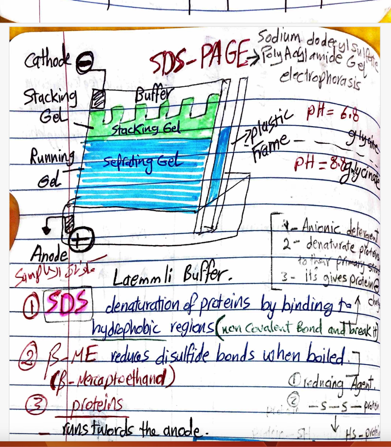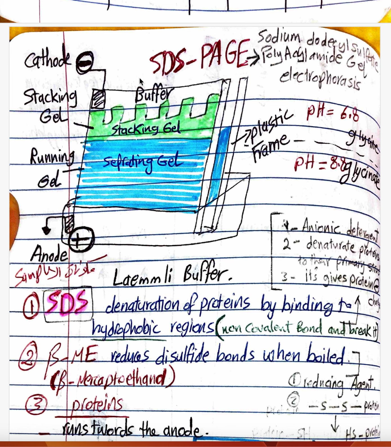So, as you can see here, SDS, what is the name of the SDS? S is sodium, D is dodecyl, S is sulfate, and then the PAGE, which is polyacrylamide gel electrophoresis.